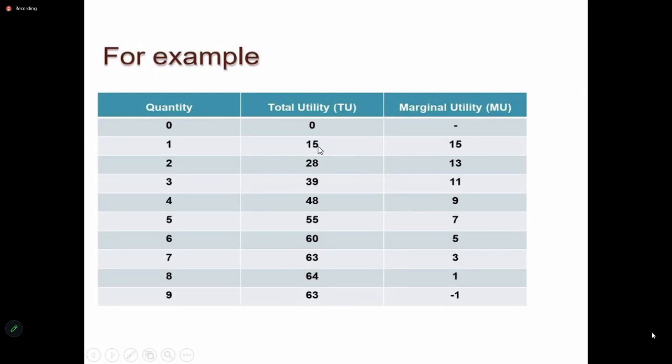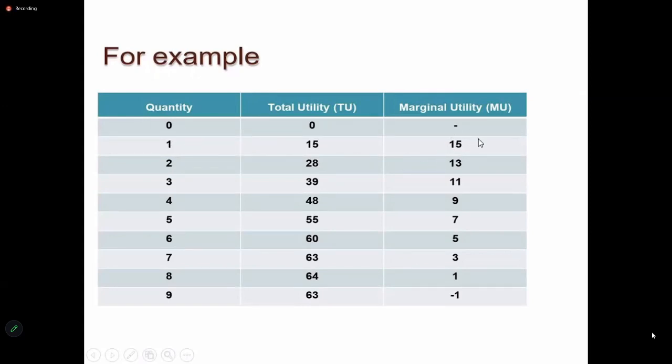Here the difference is 15. Here the quantity difference is 1, 1, 1, so it's easy for you. Then you take the difference between total utility only, because the quantity is the same. But you should know the process. If quantities are changing, let's say here it is 2, you need to see the difference and divide by 2.